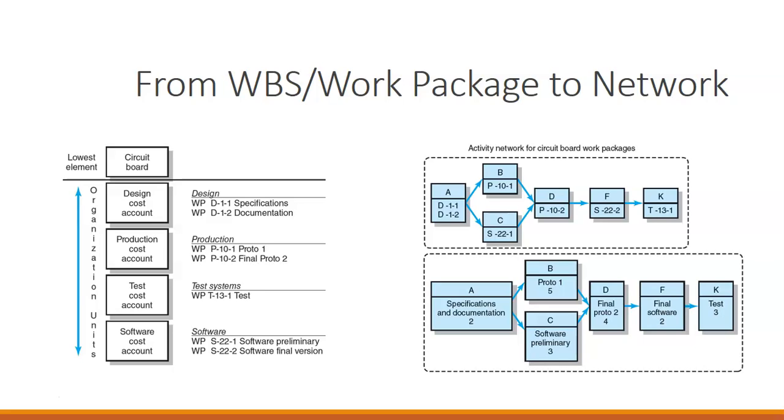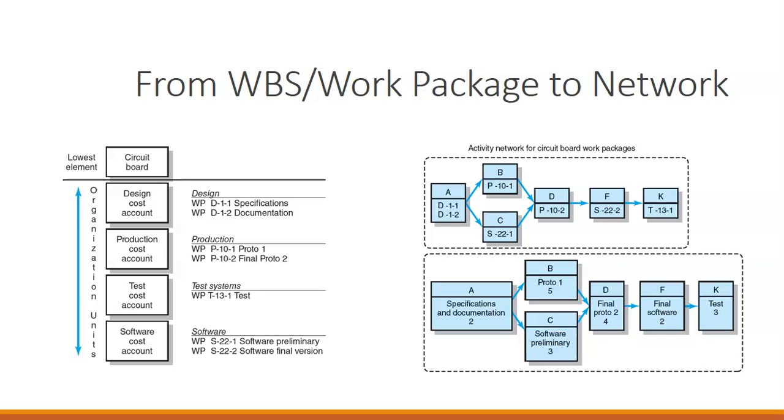Our activity network for circuit board work packages is that we need to start with the design and specifications. We can't move forward to create a prototype until we have the design and specifications from the design department. So the design department is the very first thing in the network.